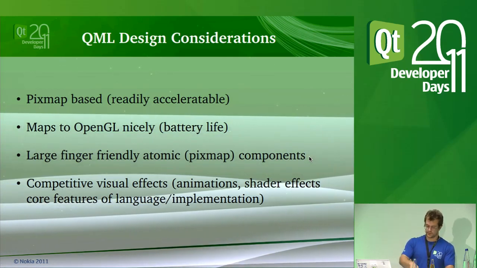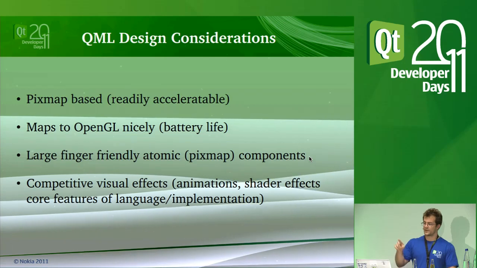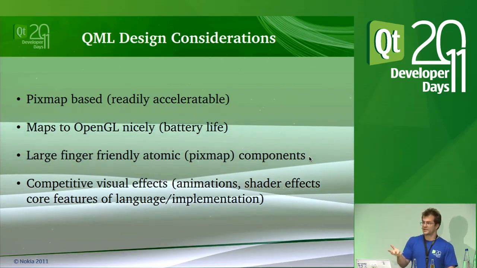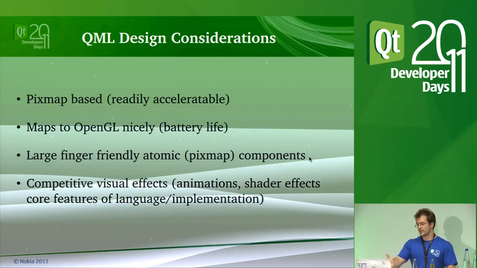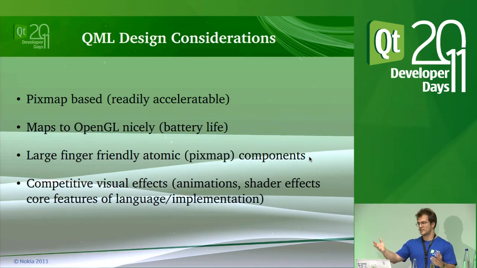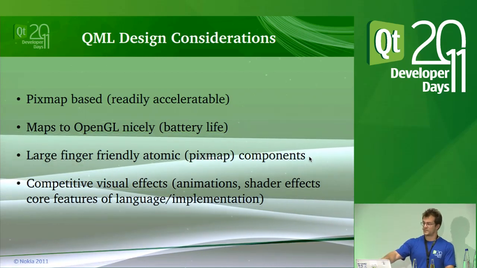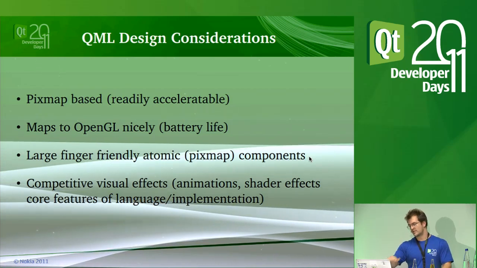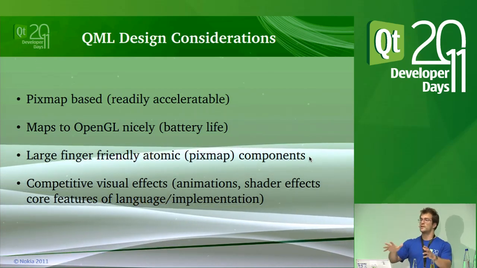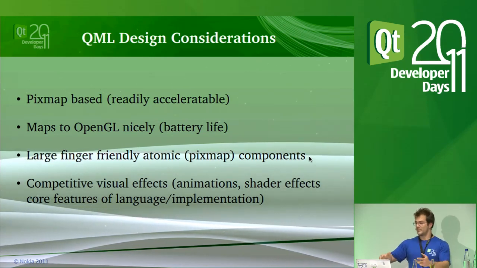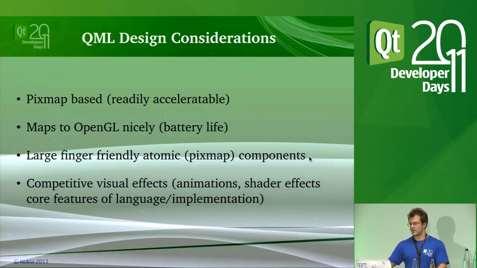Given the surface area of your finger, you will always want to be dealing with something which is basically a pixmap. And of course, compared to visual effects, in the mobile device space, what is selling devices is Flash. And what worries me is that, again, we overstress the flashiness of QML rather than the convenience and the production time, development time, and other aspects of it.